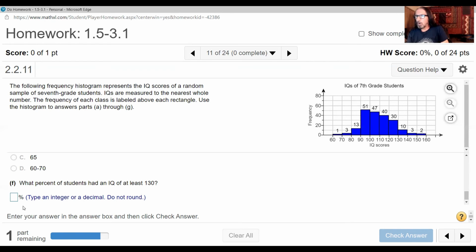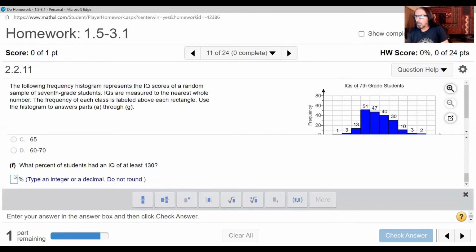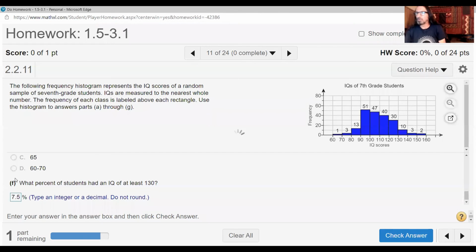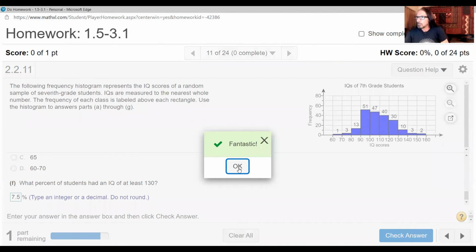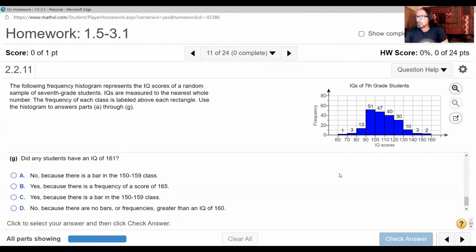So you add up the heights of the rectangles starting at 130 and going to the right. I came up with an answer of 7.5% because the total of those heights was 15.